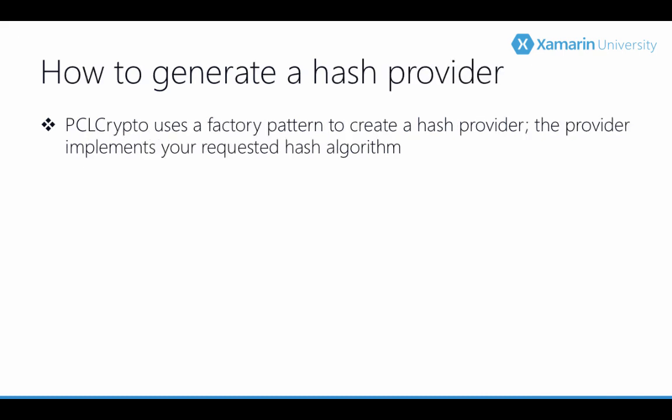So, how do we do it? Well, PCL Crypto uses a factory pattern to create something called a hash provider. As developers, we'll choose our algorithm, as an example, SHA-256. Recall that PCL Crypto may use either the platform-specific crypto APIs or the APIs supplied by the runtime, and the exact implementation you get may vary by platform.